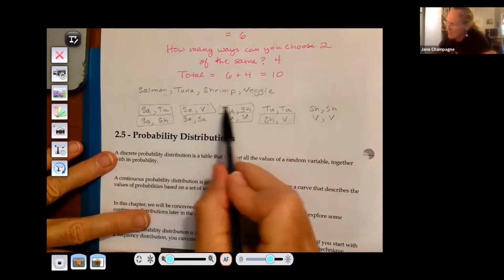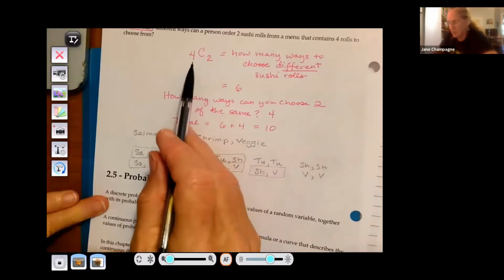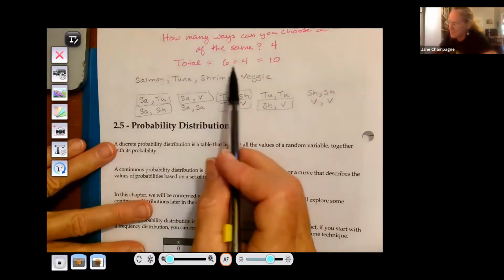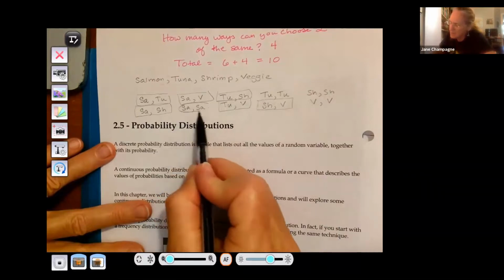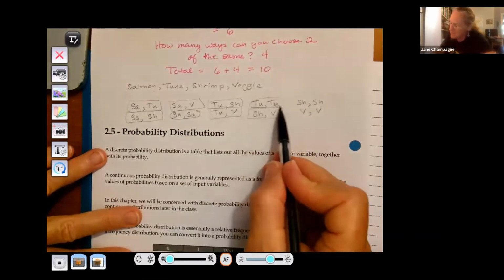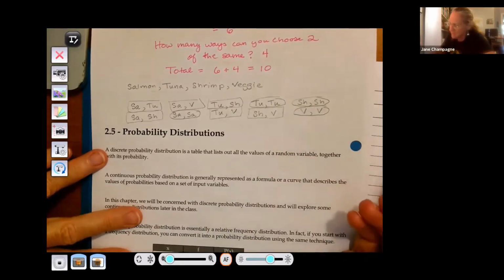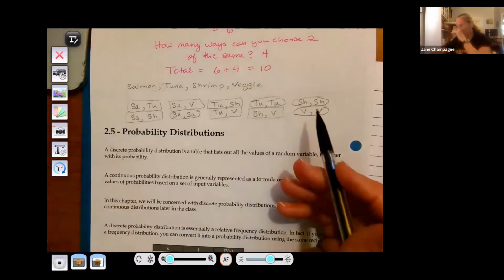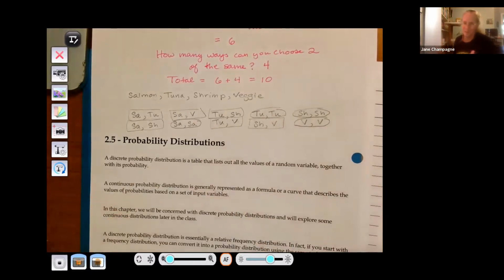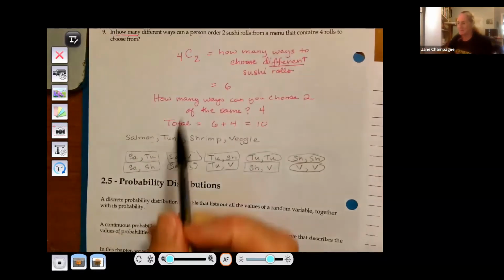And then these 4 are salmon salmon, tuna tuna, shrimp shrimp, veggie veggie. So sometimes you can fall back on just listing them all out. But when there's too many, of course, then you have to look at this.